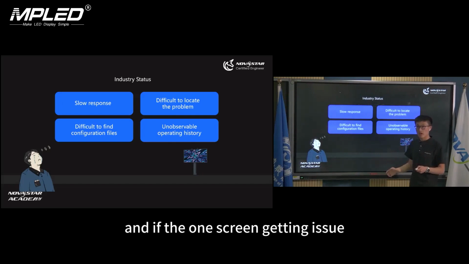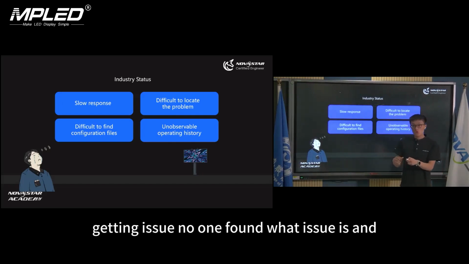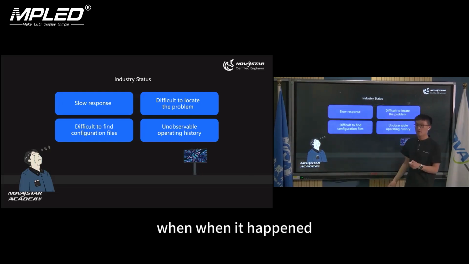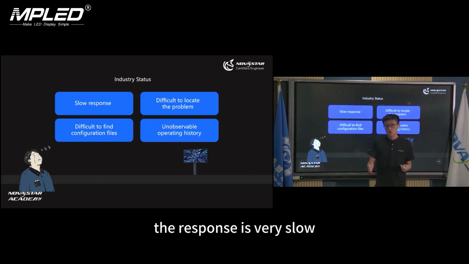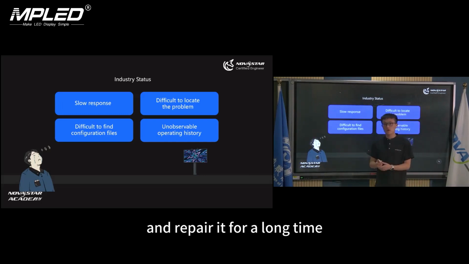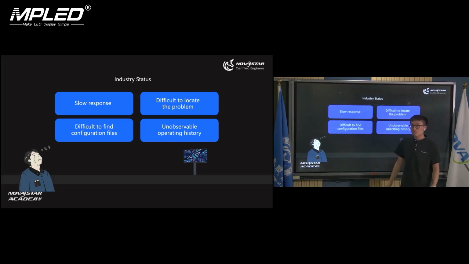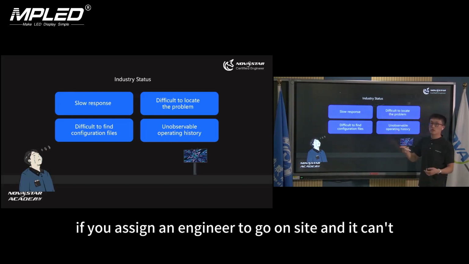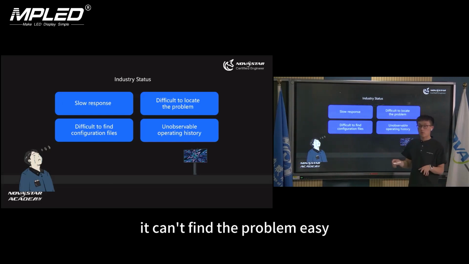And if one screen has an issue, no one knows what the issue is or when it happened, and the response is very slow. The engineer will take a long time to get on site and repair it. The customer will not be happy about it. And second, if you assign an engineer to go on site, they can't find the problem easily.